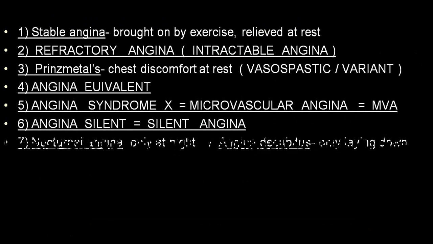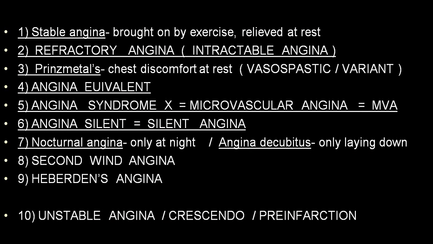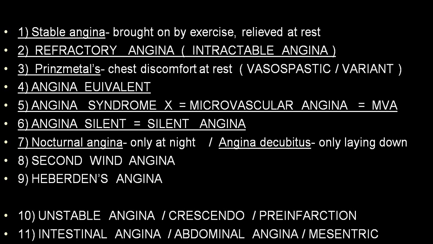We have already described all these different varieties: stable angina, refractory angina, Prinzmetal angina, angina equivalent, angina syndrome X, silent, nocturnal. There is some other terminology: decubitus angina, Heberden's angina, second wind angina, unstable angina, crescendo angina, etc. Or even abdominal, intestinal or mesenteric ischemia angina.